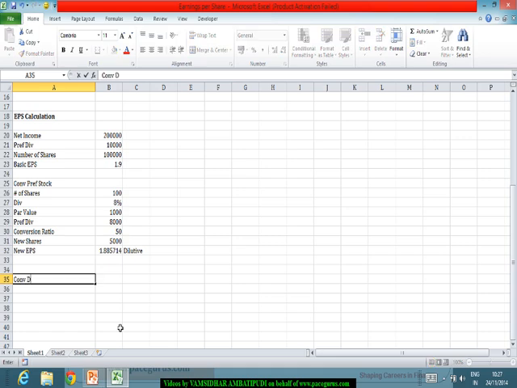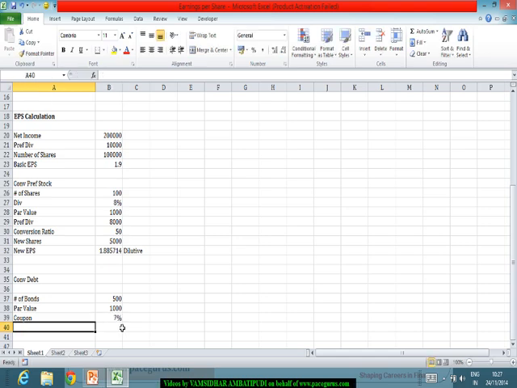Similarly, let's say I have to talk about the convertible debt. Now I need to know the number of bonds that are there. Let's say there are 500 bonds the company has issued, right? Then the par value of the bond, let me assume, is 1000, and the coupon on the bond, let's say, is around 7%.